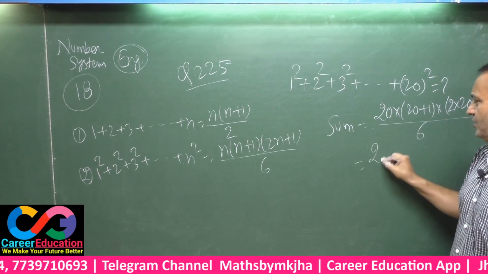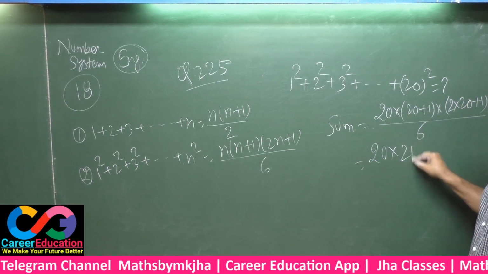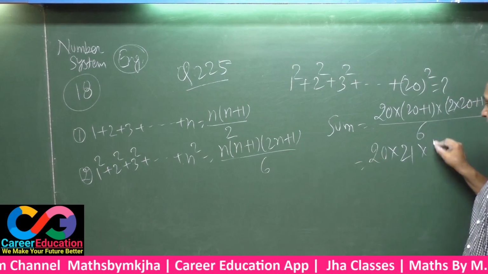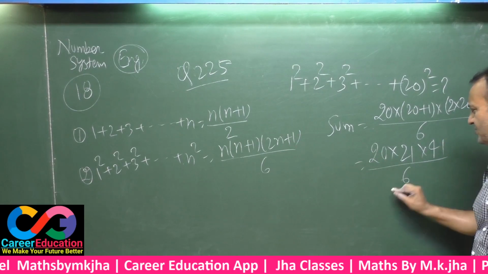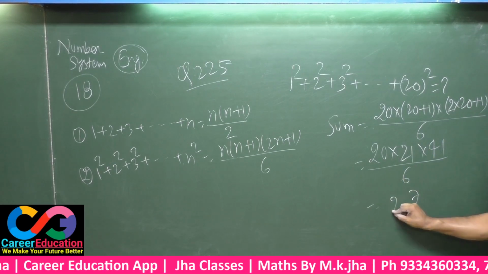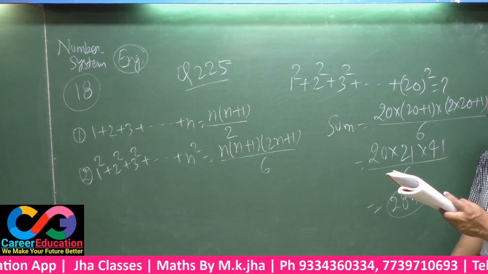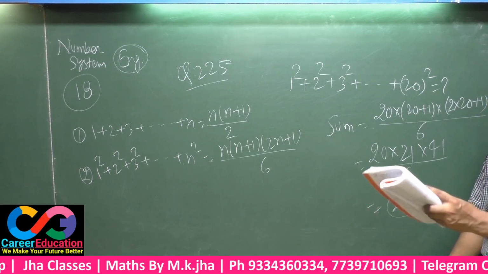In the examination hall you have to write only 20, 21 and 41 by 6. Three 7s are 21, 3 2s are 6, 10, 7 28 10. Your answer is 2870. Option A is the correct answer.